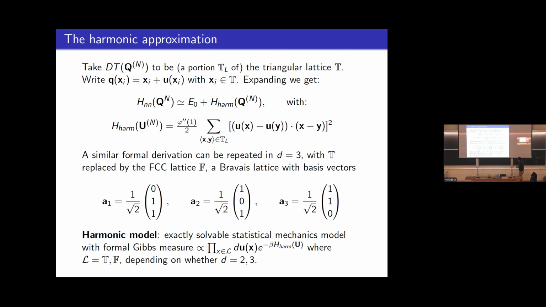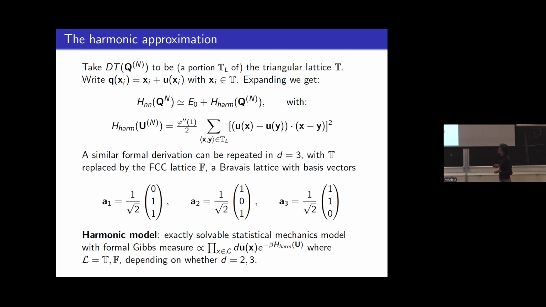The FCC lattice is often drawn in a way that it doesn't look like a simple Bravais lattice, because it is like a cubic lattice in which you insert additional particles at the center of the faces. If you do it like this, it seems that the elementary cell is this one, and there are many particles in the elementary cell. But there is a way of defining the elementary cell in a better way, showing that this is actually a simple Bravais lattice, and these are the basis vectors of that Bravais lattice.